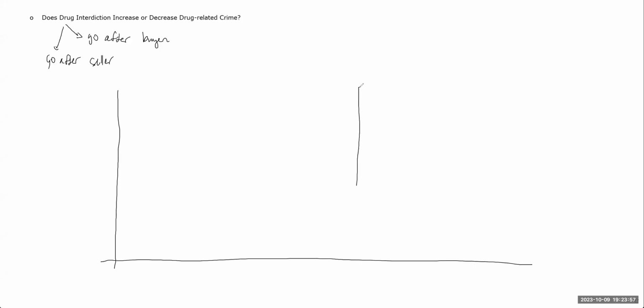I'm going to draw this big graph. We have quantity of drugs measured on the x-axis, and price of drugs measured on the y-axis. Now, demand for drugs is pretty inelastic, because it's highly addictive.